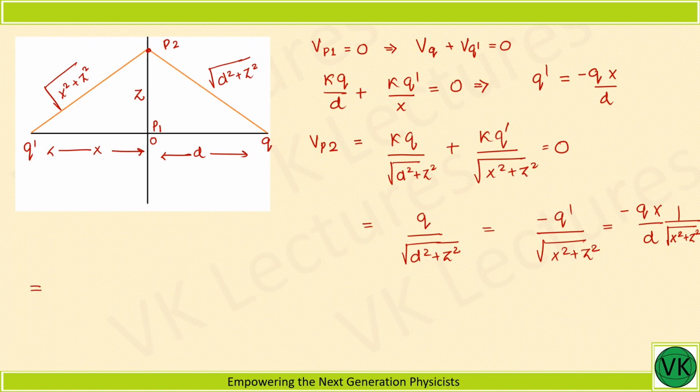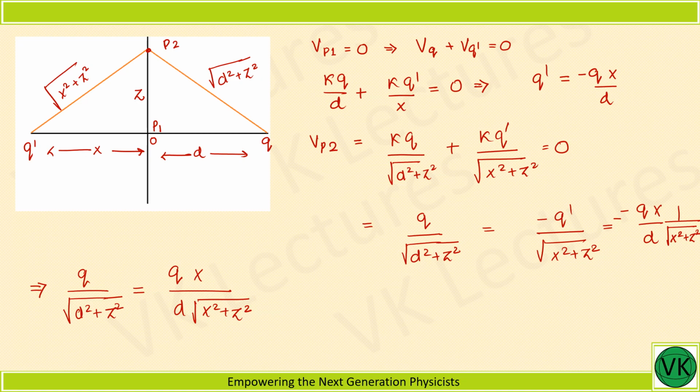So rewriting it, we get Q divided by root of D square plus Z square equal to, so minus of minus this become plus, so that's equal to Qx divided by D into root of X square plus Z square.